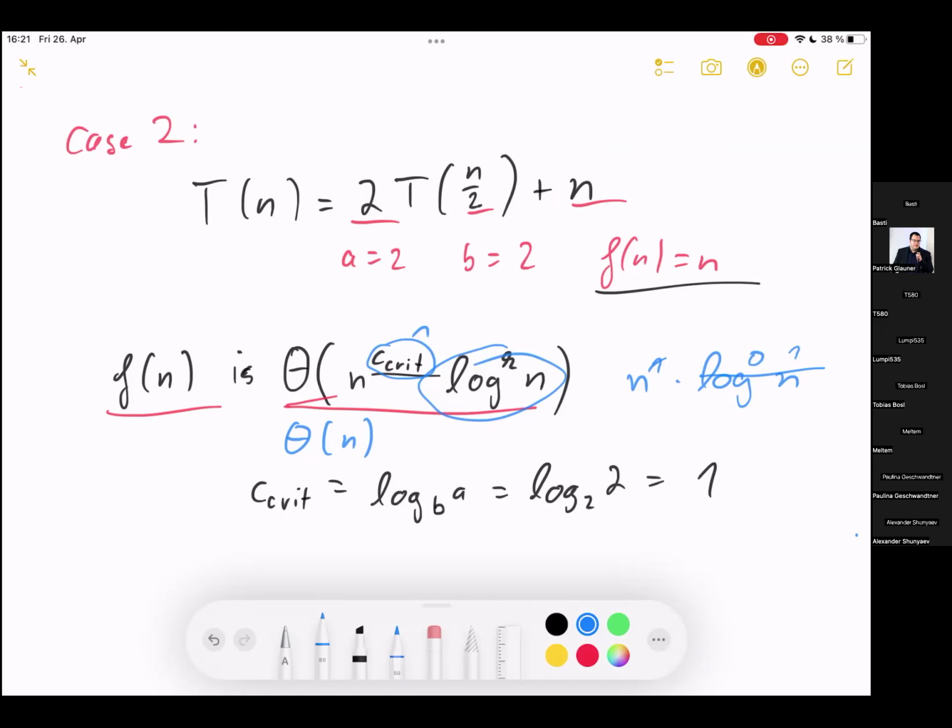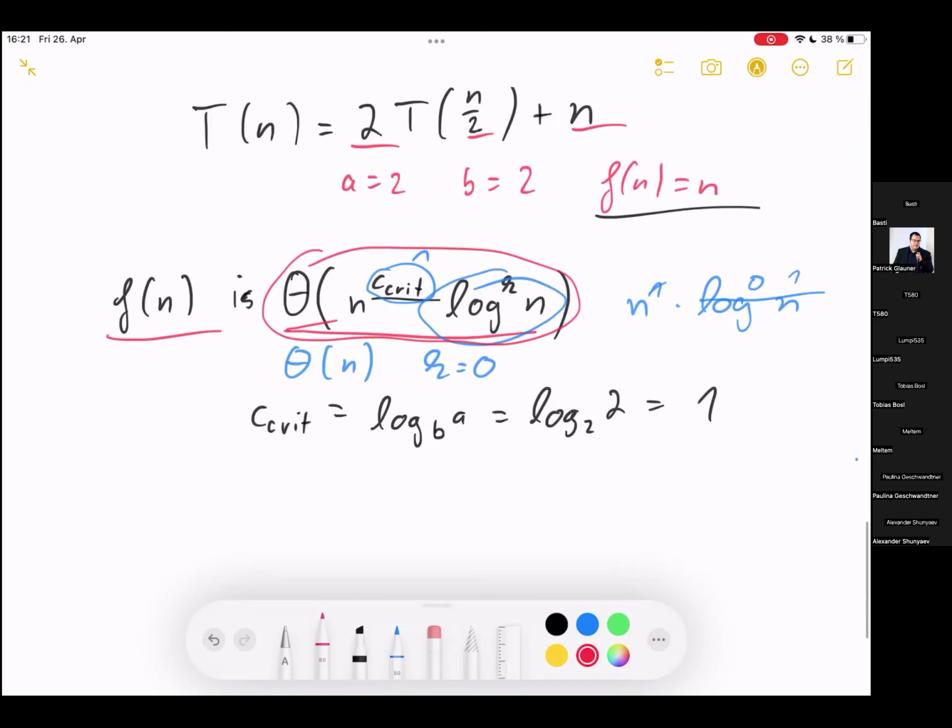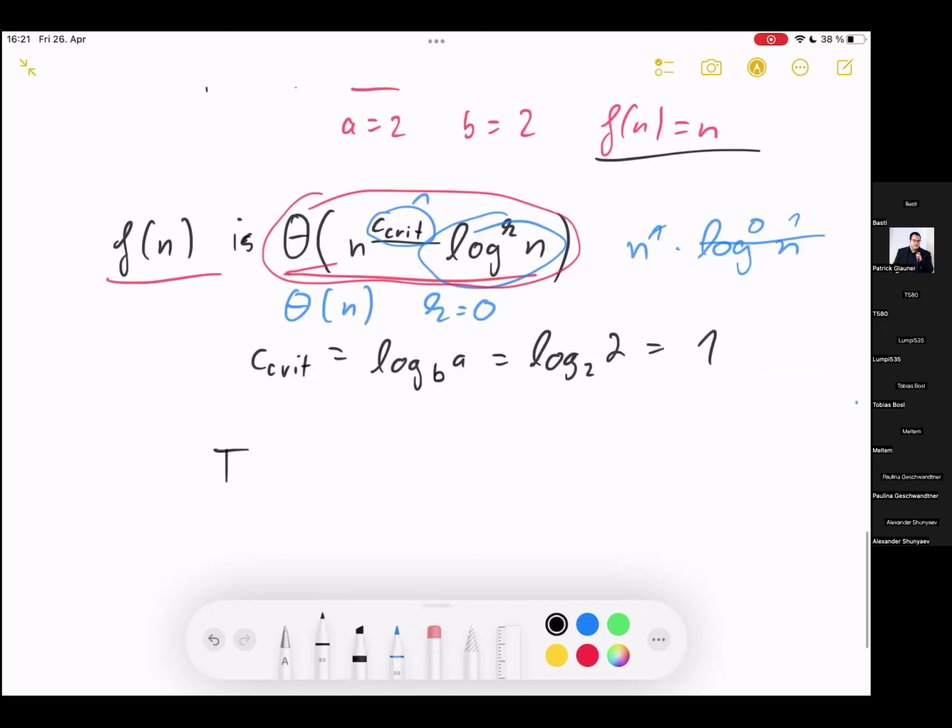So for k equals 0, if I have log of n and raise it to the power of 0, it's just 1. So we actually see that our f of n satisfies this constraint. And then we're almost done, because we saw before in the definition of case 2 that T of n is theta of n to the C critical times log n raised to the power of k plus 1.